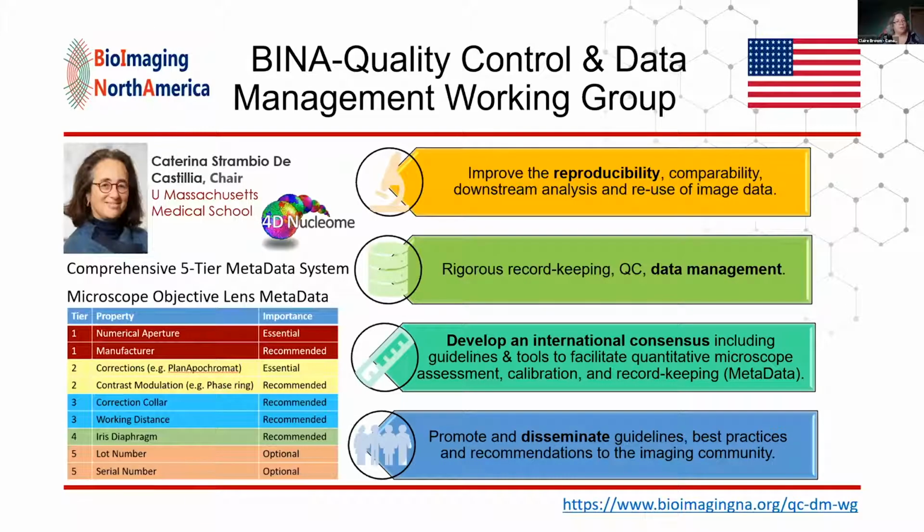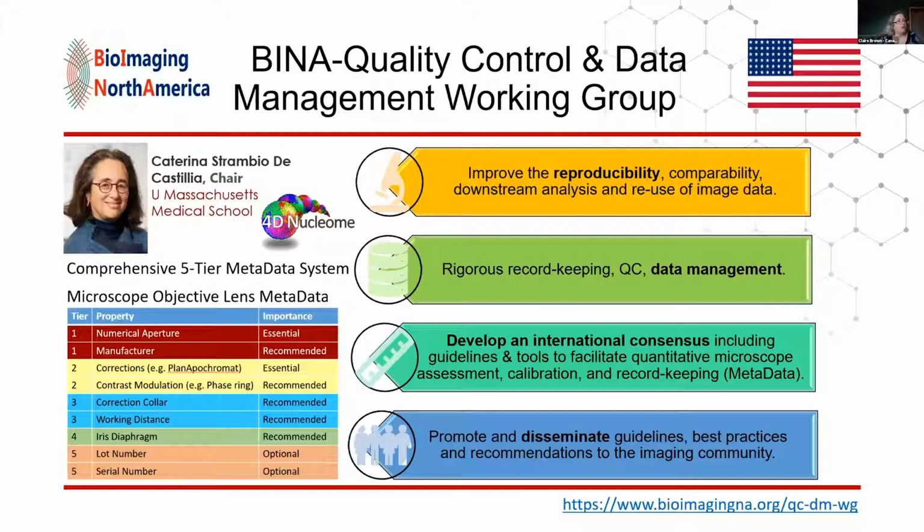So to wrap up, I want to discuss just 2 initiatives by the Bioimaging North America group to address some of these challenges. This group is pretty new. We were formed just a couple of years ago, and the model we've taken is having working groups in order to bring more people in, build the community, and get things done.